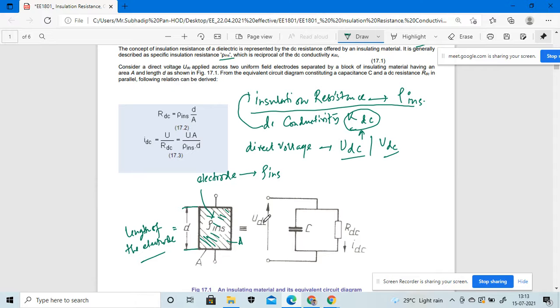If I draw the equivalent circuit, that will be the equivalent circuit for a particular electrode.